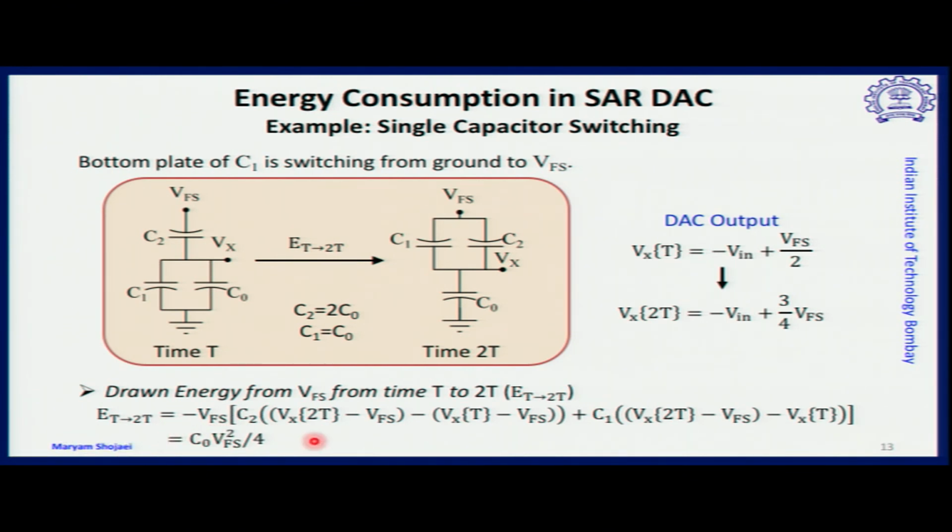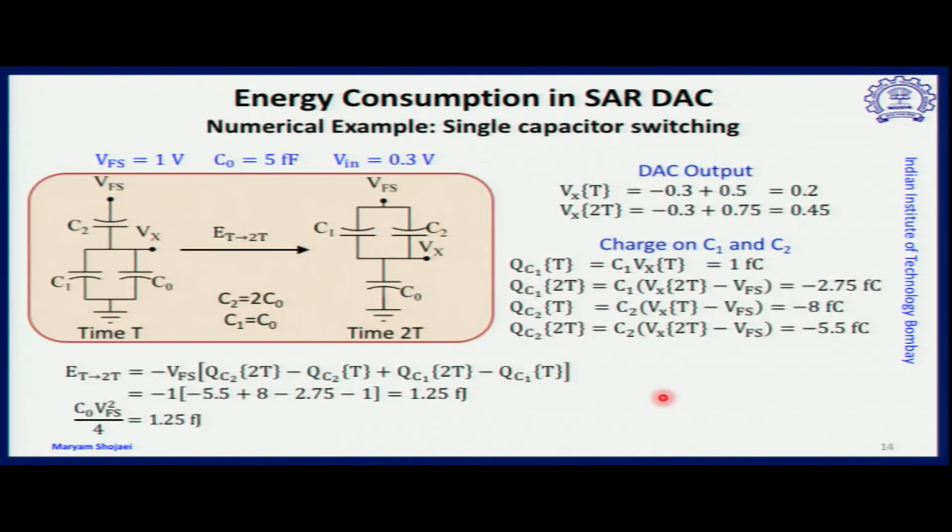Because here we are looking at Vx minus V full scale, therefore minus V full scale is written instead of plus V full scale. So this energy is calculated as 1/4 C0 V full scale squared. So this is a simple example of how to calculate energy consumption for single capacitor switching.